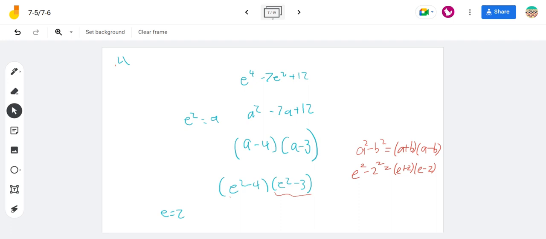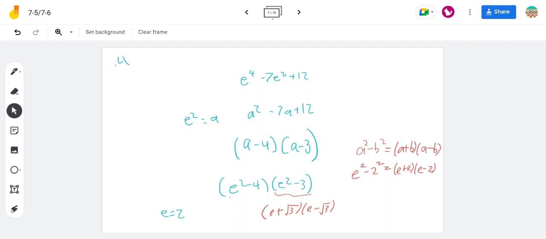While this e square minus 3 actually can be factored as e plus square root of 3, e minus square root of 3. But I think yours is not in your syllabus because we are factorizing only for integers, I guess. Your section is about factorize.